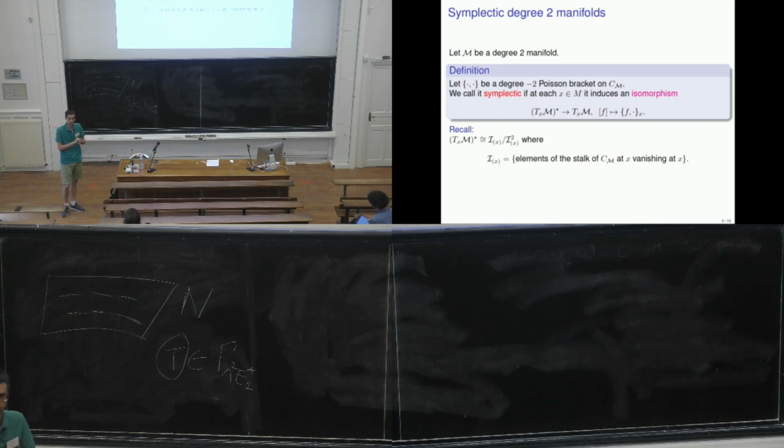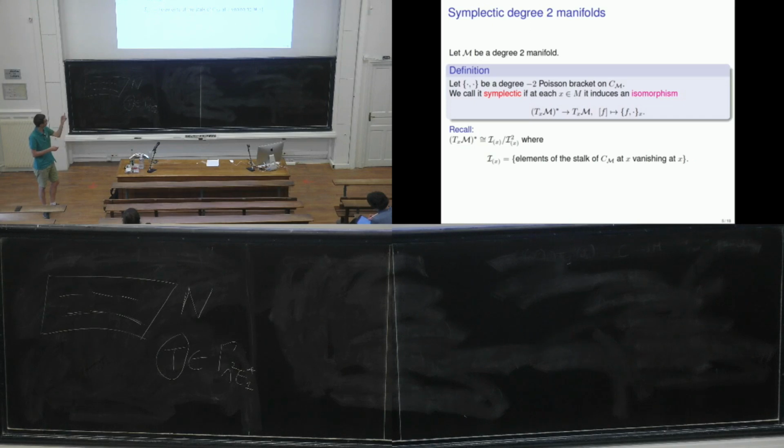Symplectic means that the bracket is non-degenerate in some sense. One can write it down in coordinates, for instance, but this is a way to say it. Using the bracket, at every point x of the body, of the degree 0 part of the graded manifold, we get a linear map between these two graded vector spaces, the cotangent space at x and the tangent space at x.